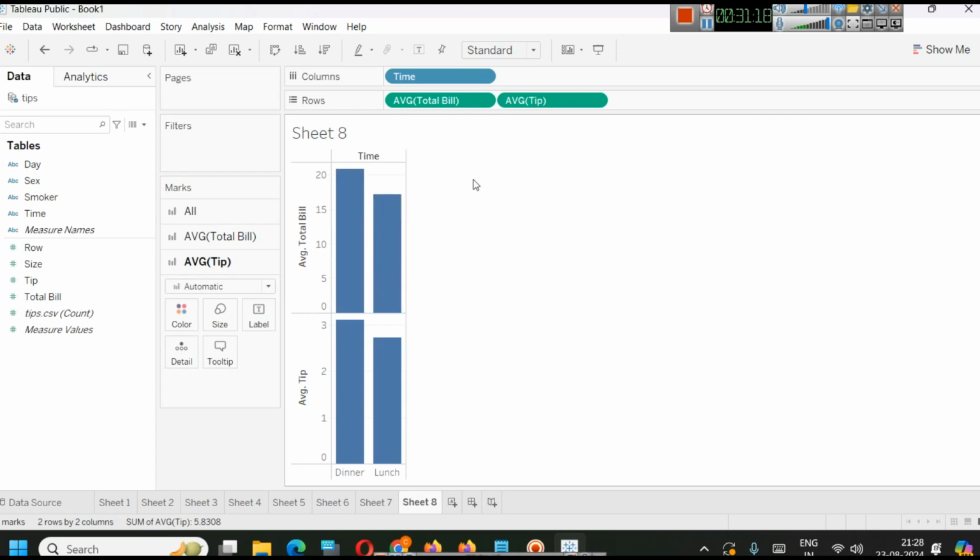So how will this affect some kind of business decision? Now, suppose we have a staff of 20 people, okay, and we analyze that the number of people that come for lunch is less than the number of people that come for dinner. Obviously in restaurants there are shifts, right?